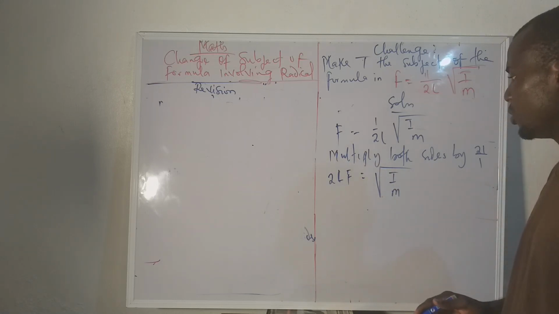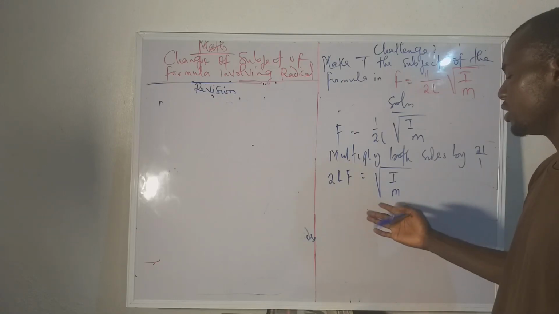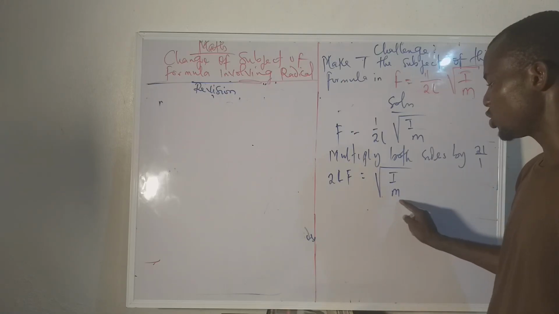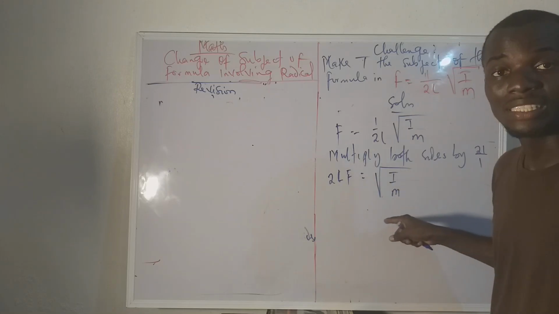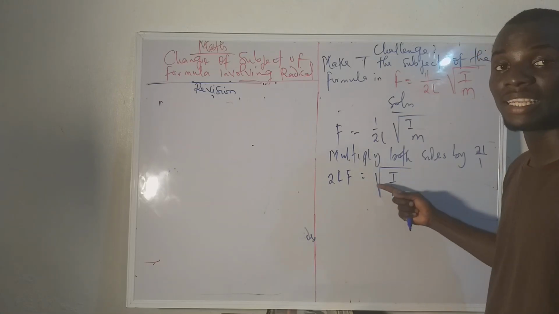Okay, now having done that, what is the next thing we are going to do here? The only thing attached to t is a radical and n, but we cannot deal with this n except we have eliminated the radical.